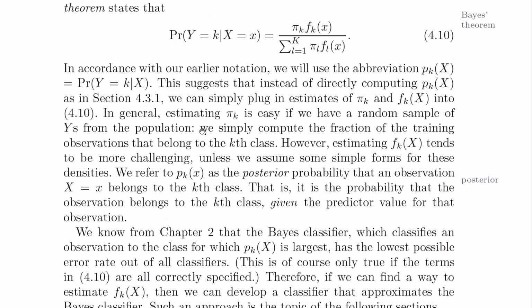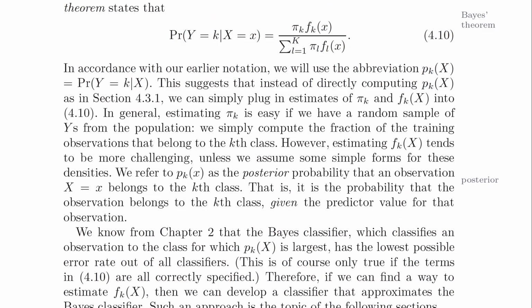In general, estimating pi k is easy. We have a random sample of y's from the population. We simply compute the fraction of the training observations that belong to the kth class.